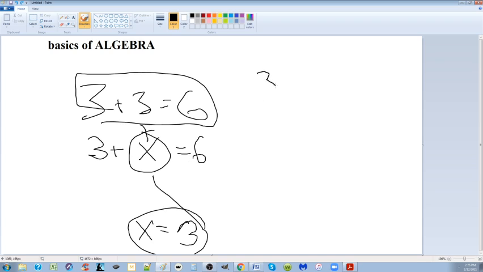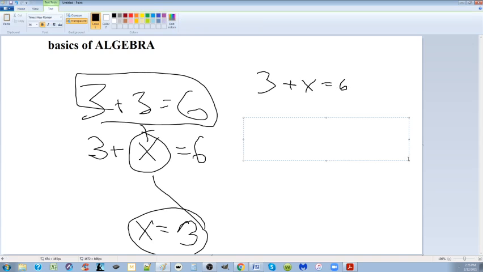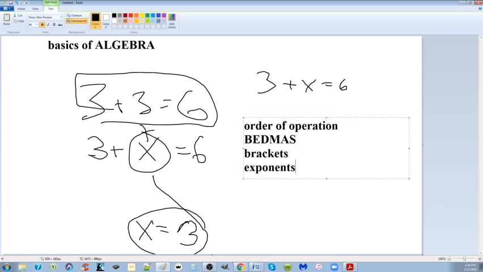Now, algebraically, even though it's logically obvious, you use the rules of math. And as you all know, there's something called order of operation. BEDMAS is how we remember it. And that says brackets first, exponents next, division, multiplication, sort of treated at the same time.